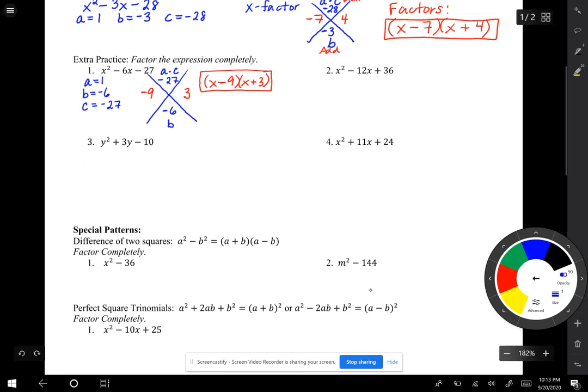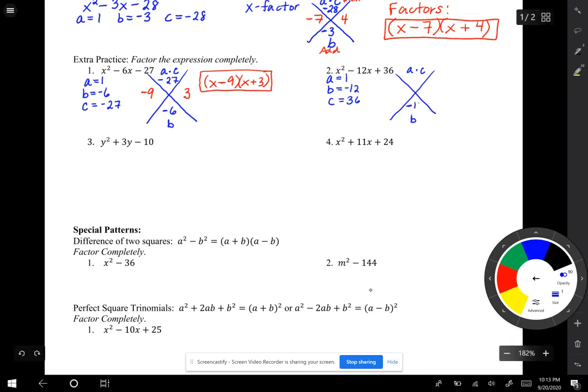Right? Next one. A is 1, B is negative 12, C is 36. Make your X. And do you have to keep writing A times C? No, but I feel like students mix them up. As long as you remember B, the bottom number is B, you should be okay.